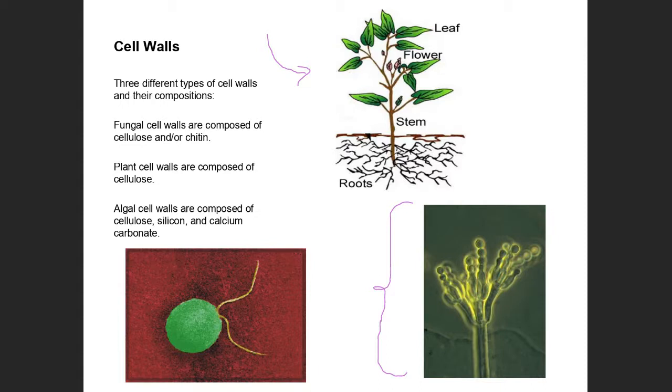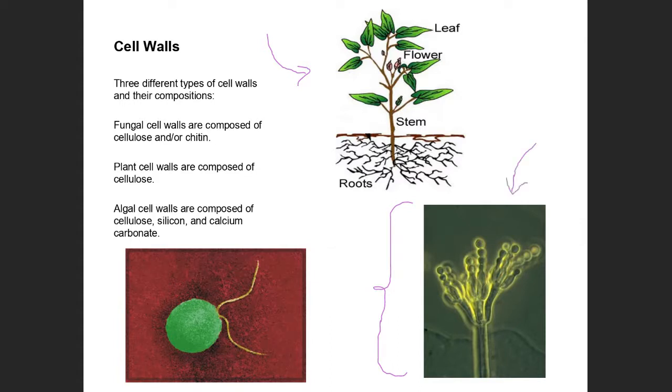And then the algae are composed of cellulose, but they also have silica and calcium carbonate in their cell walls because of the aquatic matrices that they live in, right? But these are the major components of the cell walls. They're not really microbiology related, right? So if I ask any question, it's probably going to be around the mold, right?